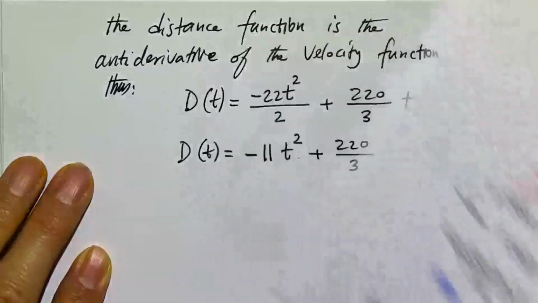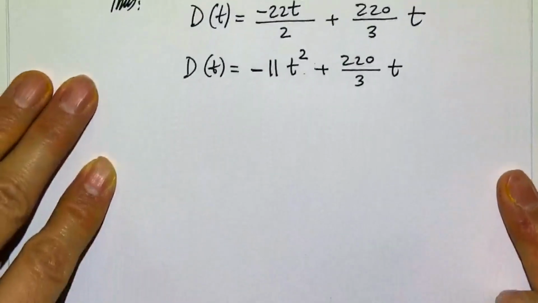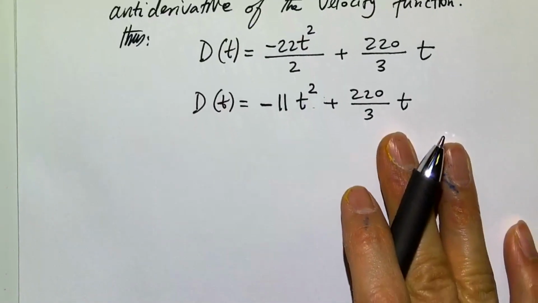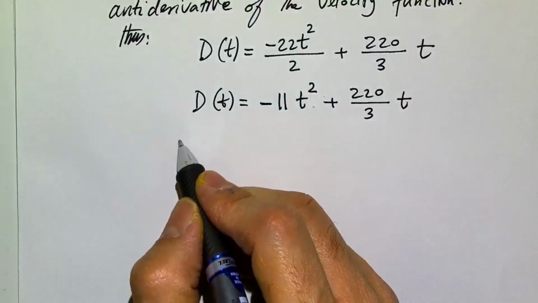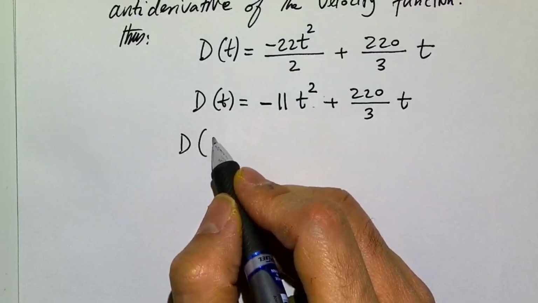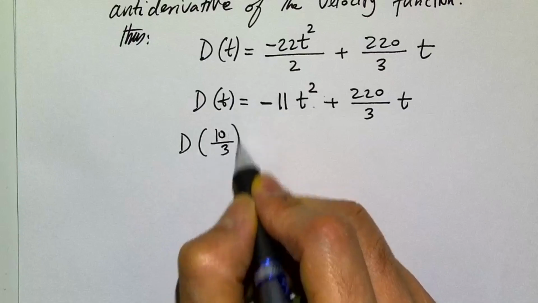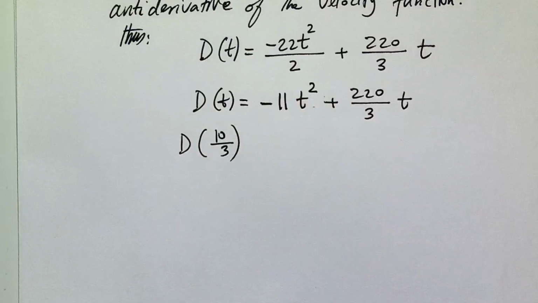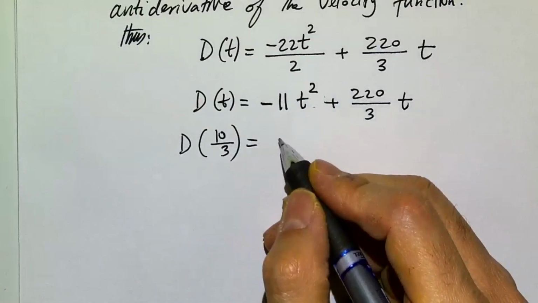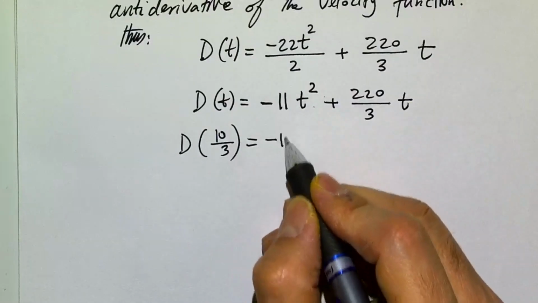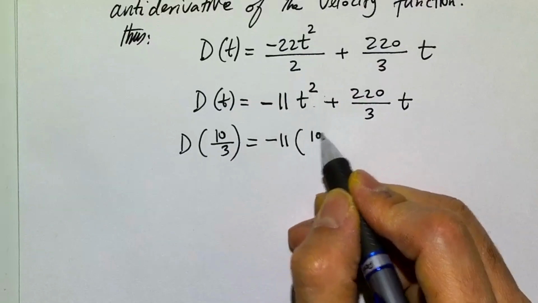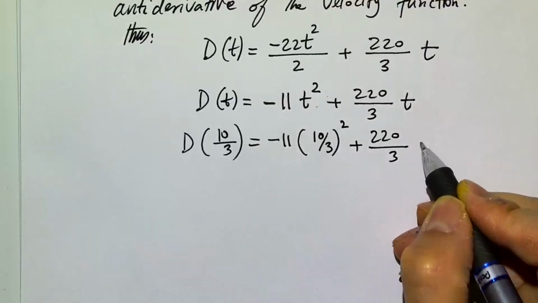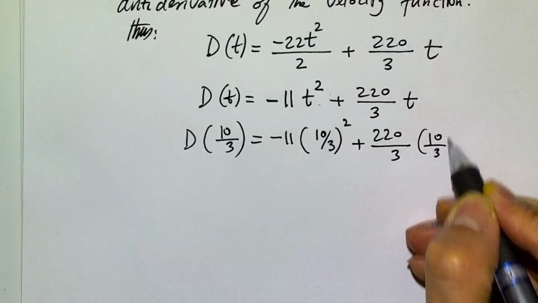Okay, so now that we know that, we can easily calculate the distance traveled for the car to come to a full stop. So d at the distance function when t is 10 over 3 seconds, so roughly 3.33 seconds, less than 4 seconds: minus 11 times 10 over 3 squared plus 220 over 3 times 10 over 3.